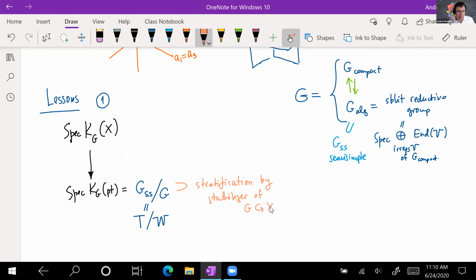If I vary my point in X, I get different groups as stabilizers of my points. So if I vary a point in projective space, a general point will not be fixed only by a torus.